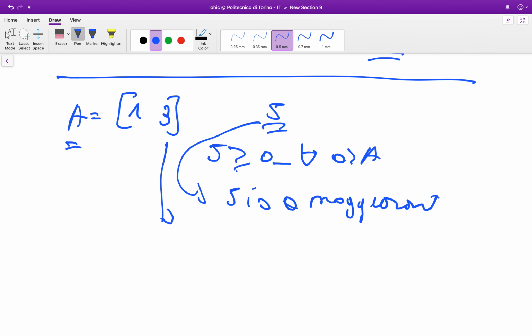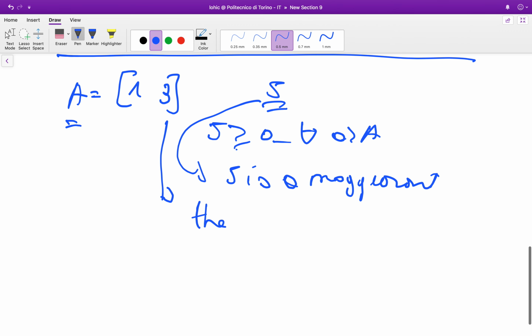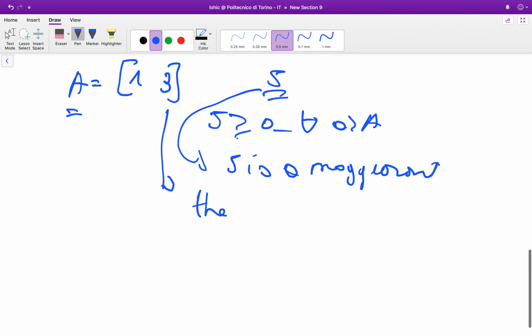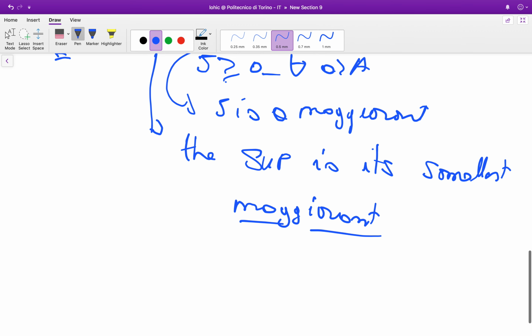First note that if you have one majorant, then you have an infinite number of majorants, because any number greater than a majorant is also a majorant. So the sup of a set is its smallest majorant. Is that clear? Among the majorants, the smallest one is called the sup.